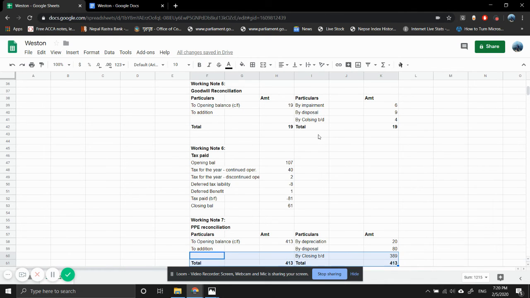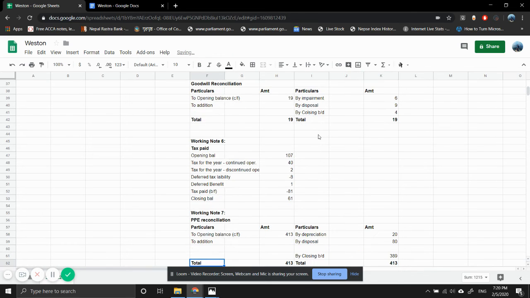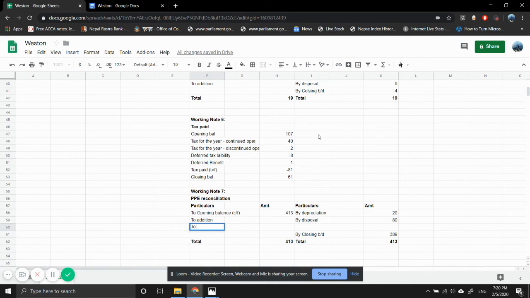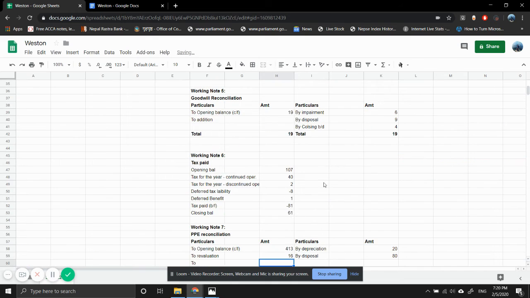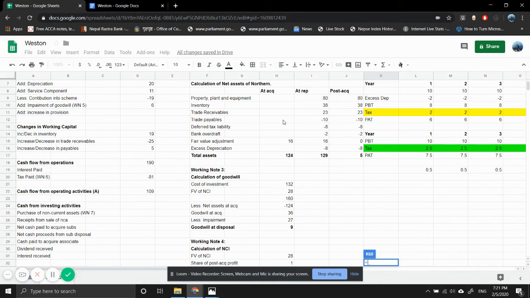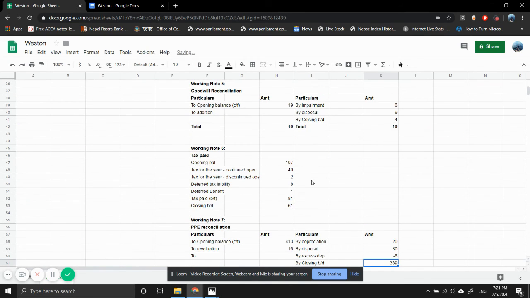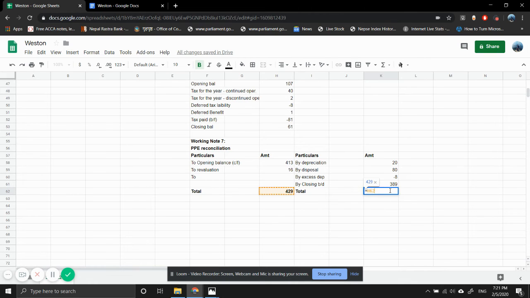It's about that revaluation, right? Revaluation, which is 16, and then the excess depreciation will be this one from here.